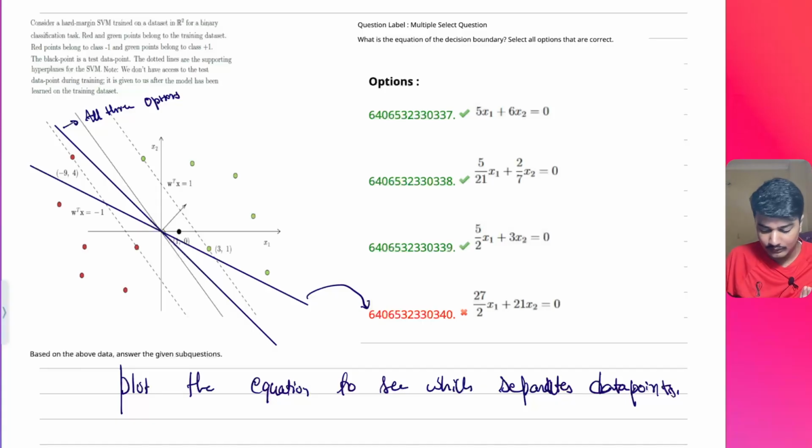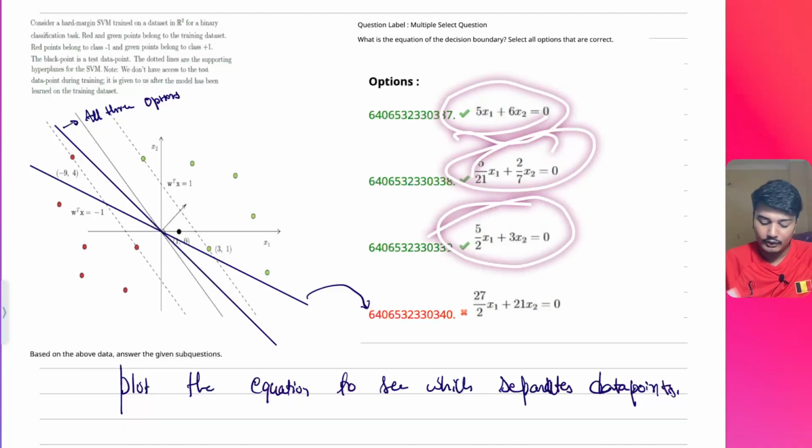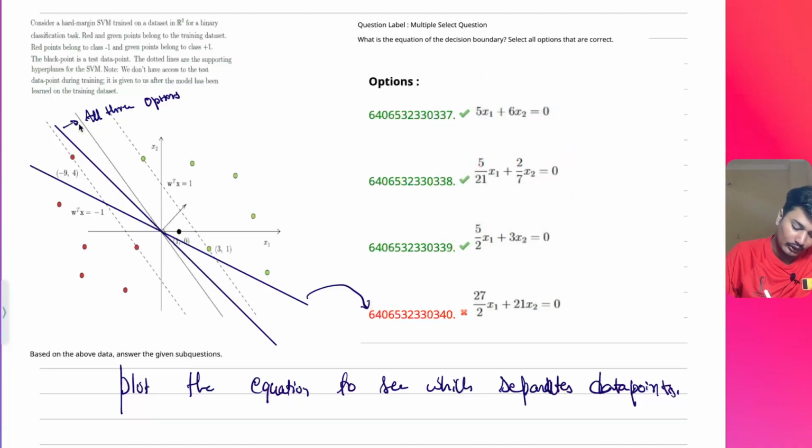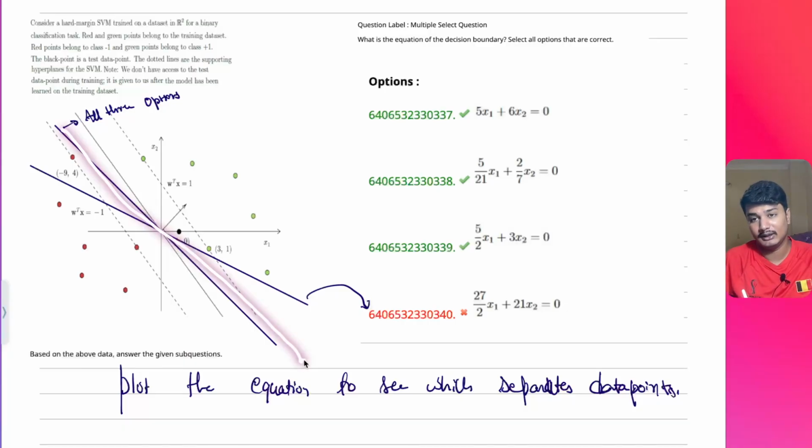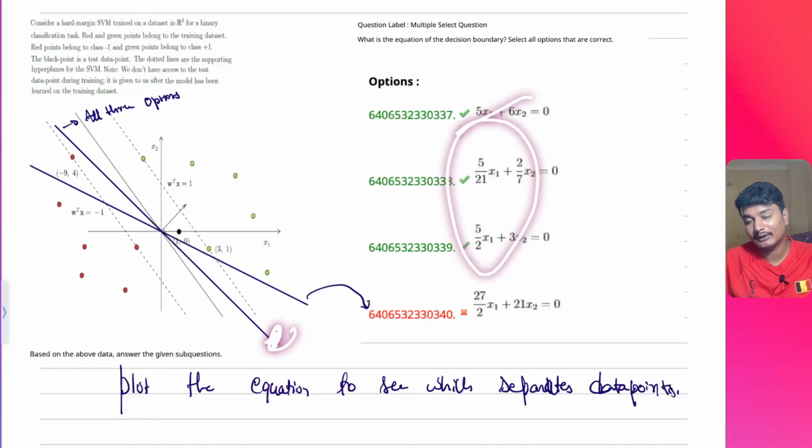Now the question is, which of the following equations is the decision boundary? The only way to check which is the decision boundary is to plot these data points. When you plot them, all three equations give this same line.